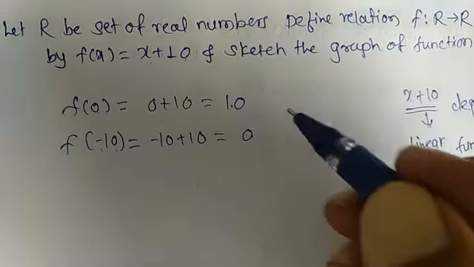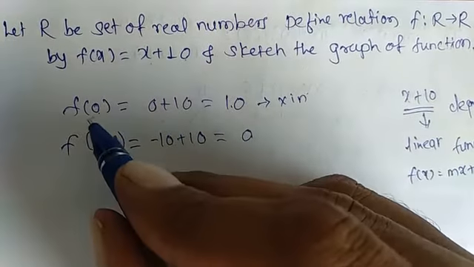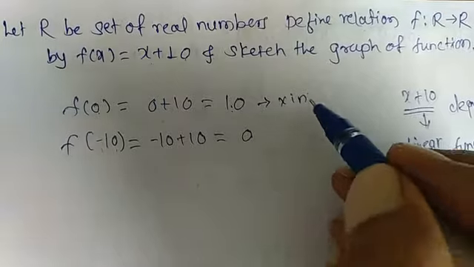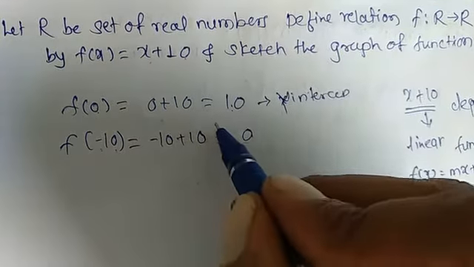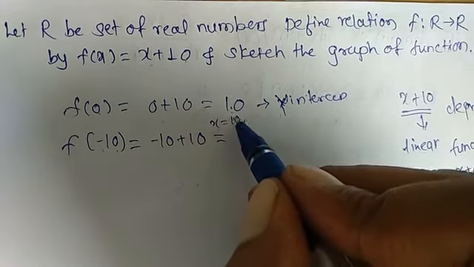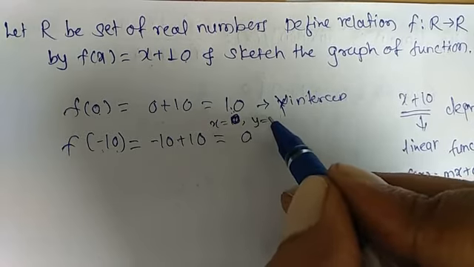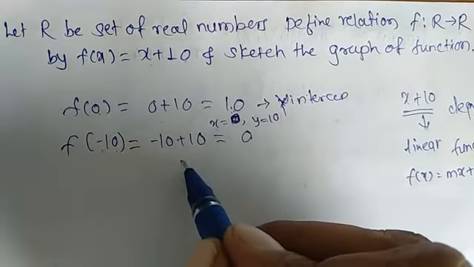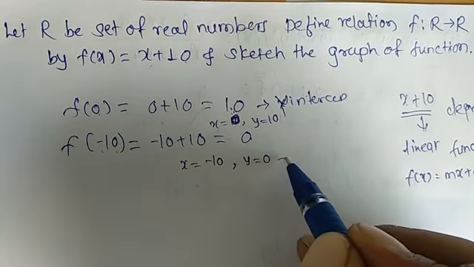So here x is equal to 0 and y is equal to 10, which is our y-intercept, and here x is equal to minus 10 and y is 0, so it is our x-intercept.